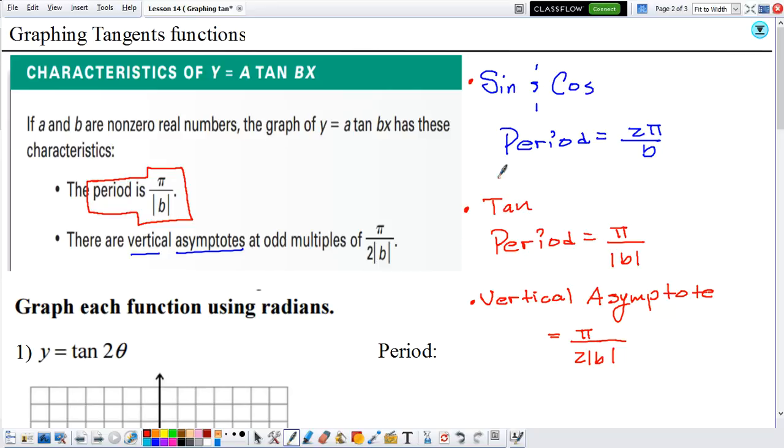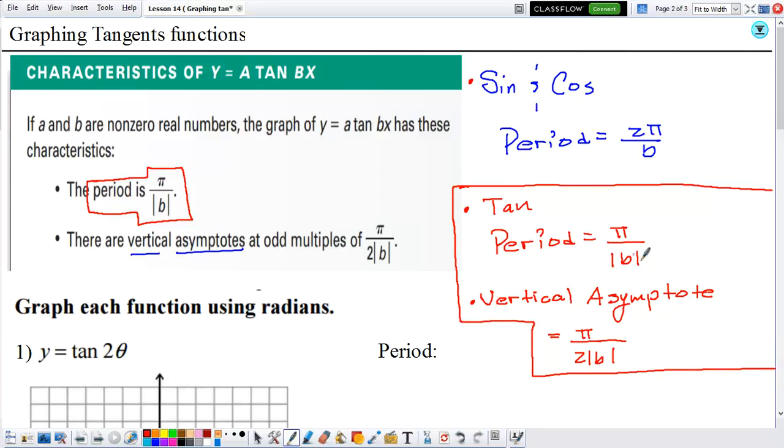So if we're going to talk about tangent, we're going to be using these two properties here. If you want to sketch a tangent function, you've got to find these two properties. You need to know the period, and you need to know the vertical asymptote. So let's sketch some graphs now.